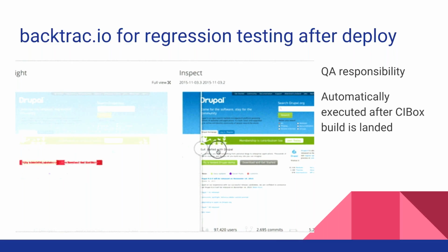This is a QA responsibility, and it helps us to compare the list of pages before and after the deployment, and display the parts of the site changed and to handle them if they are not expected to be changed.